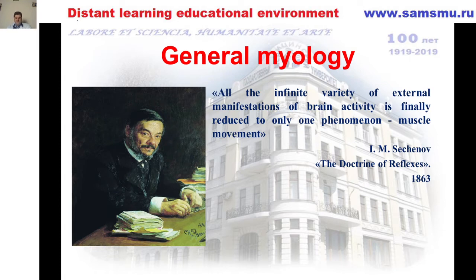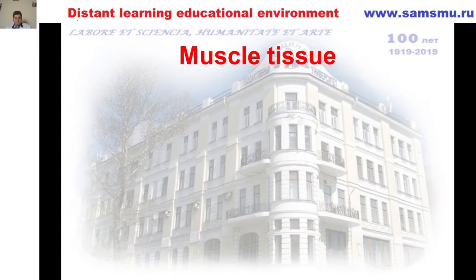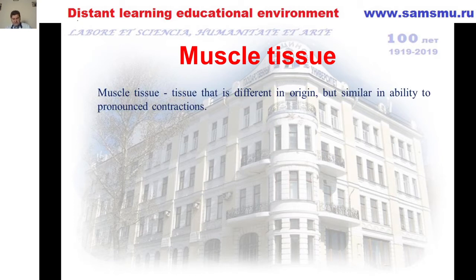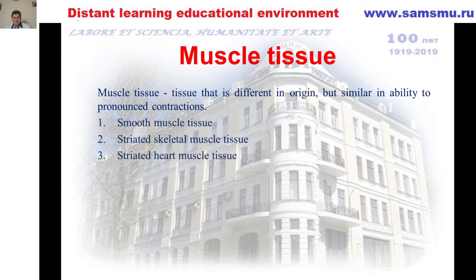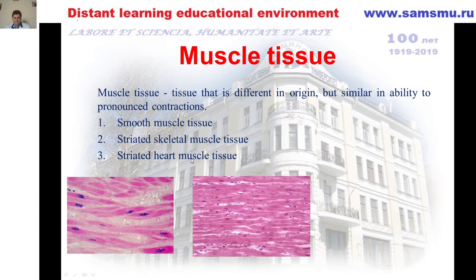Functionally leading in the muscular system is the muscle tissue. According to the morphofunctional classification, muscle tissue is divided in two main groups: smooth, non-striated fibers and striated fibers. And striated fibers are also divided in two groups: skeletal muscle tissue and cardiac muscle tissue.